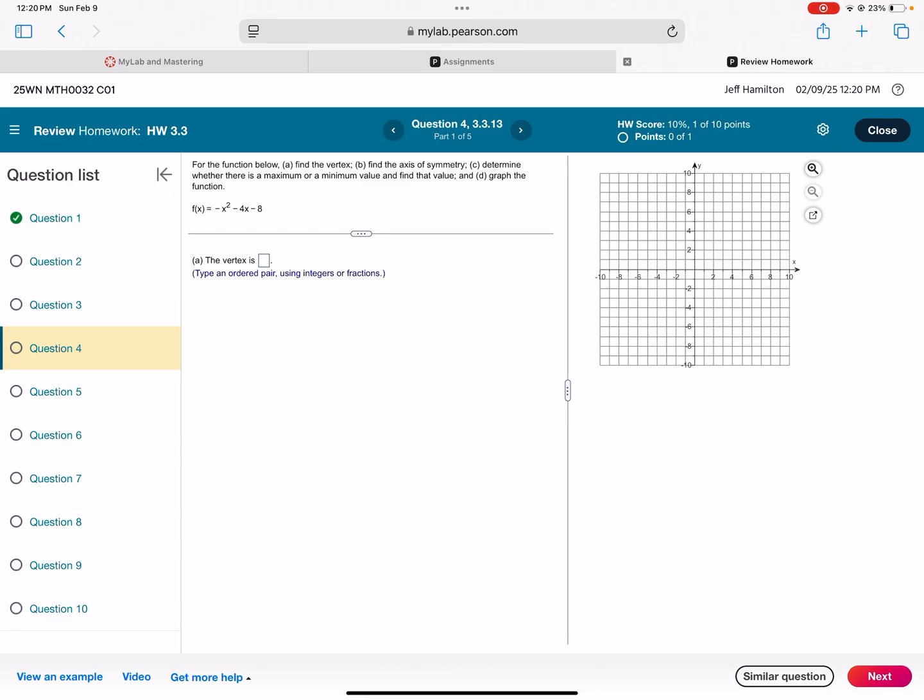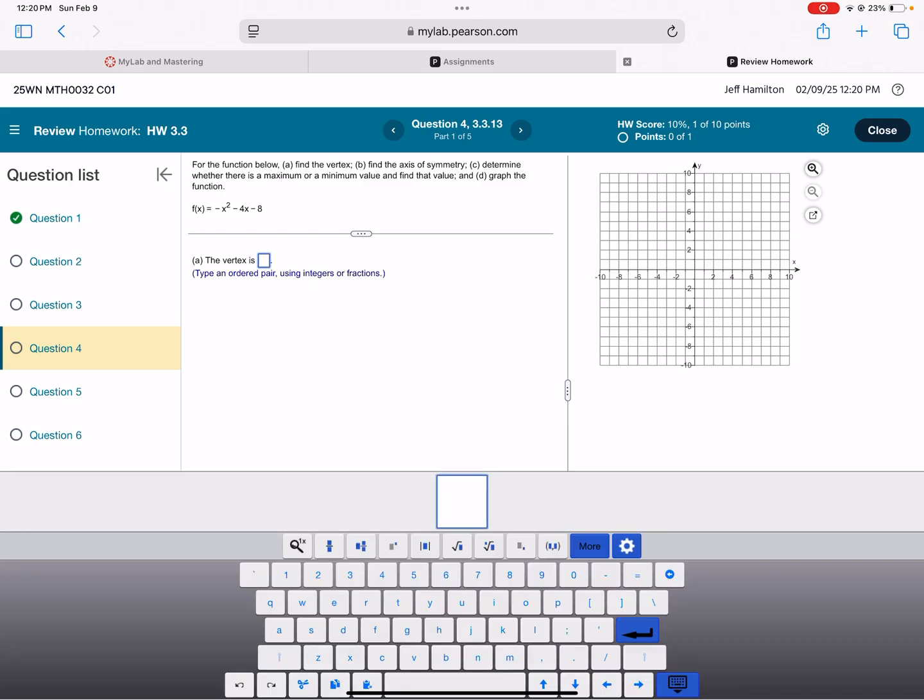Let me just try and figure this one out quick. Shoot, it'll be -2, and -4. I don't know why it didn't let me do that. -2, comma 4.